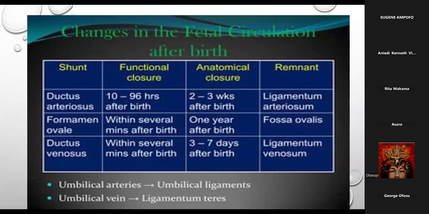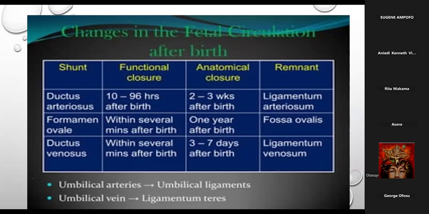This table just shows when the shunts close hemodynamically or functionally, and then anatomically. For the ductus arteriosus, this happens, most books say, between 10 to 15 hours, some say 10 to 96 hours after birth, and then it anatomically closes 2 to 3 weeks after birth, remaining as the ligamentum arteriosum.